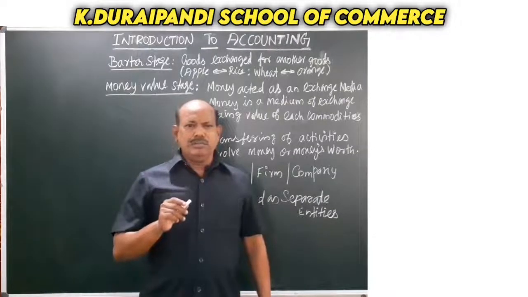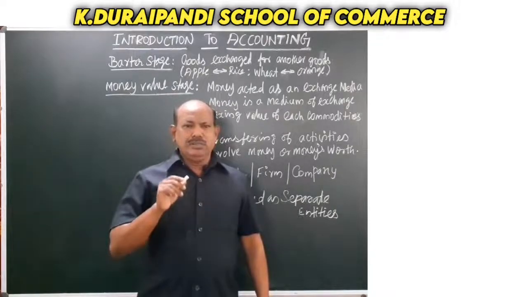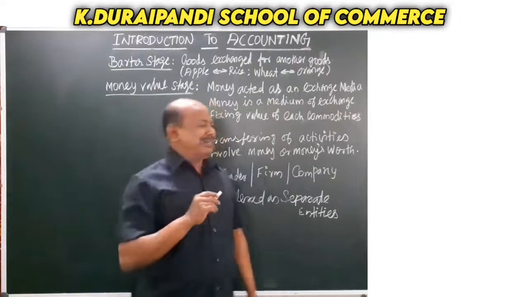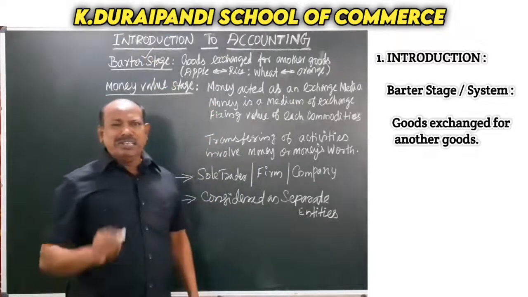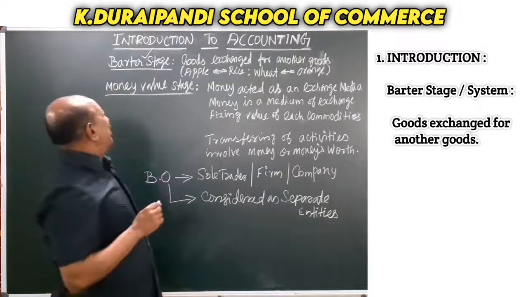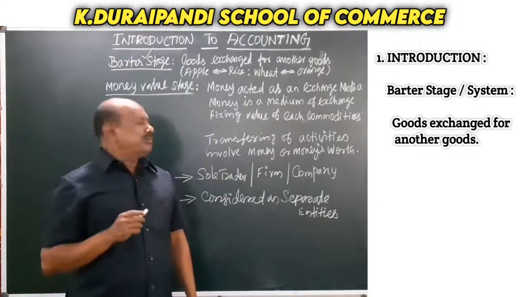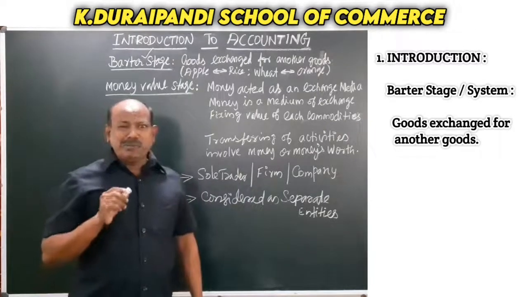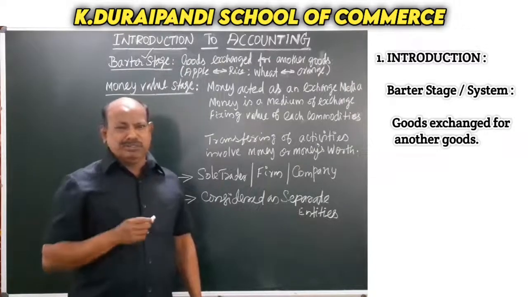Before we see about Introduction to Accounting, we should see some important terms, that is barter stage or barter system. What is barter stage or barter system? Here barter system means goods exchanged for another goods.